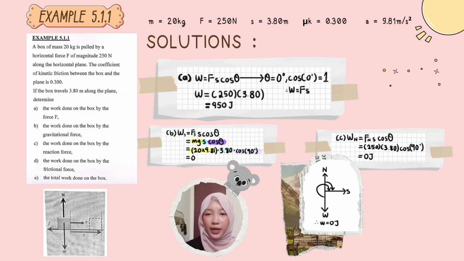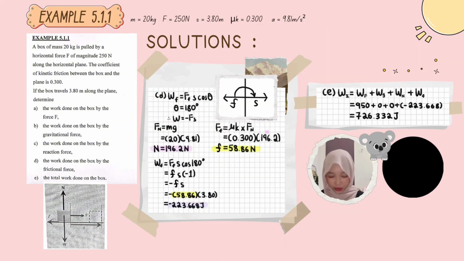From the question, mass m is 20 kg, force F is 250 Newton, displacement s is 3.80 meters, mu k is 0.300 and acceleration due to gravity g is 9.81 m s^-2. Question A, the work done on the box by the force F. Question D, the work done on the box by the frictional force.